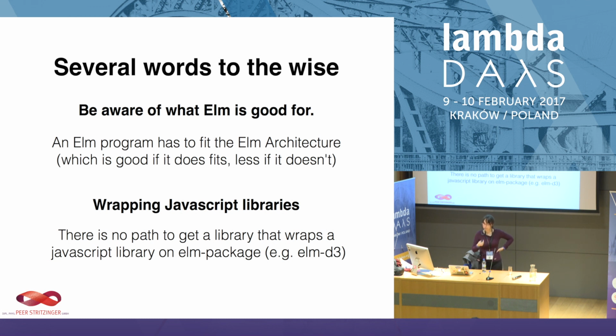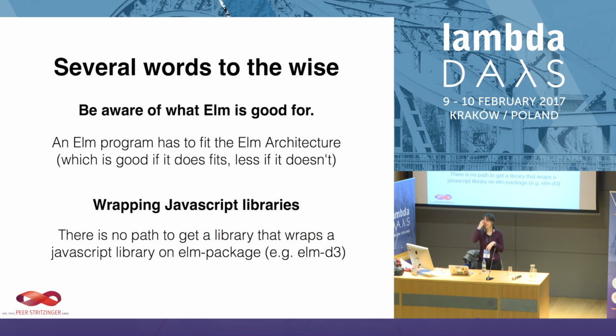And if you want to wrap JavaScript libraries, big JavaScript libraries like D3, you probably don't want to use Elm, because, as I said, there is no path to get your wrapper on the Elm package, and then no one will use it, and then everything is quite awkward. Also, if you use ports, who here has used Elm?